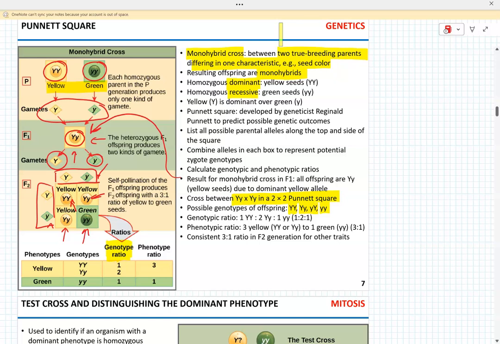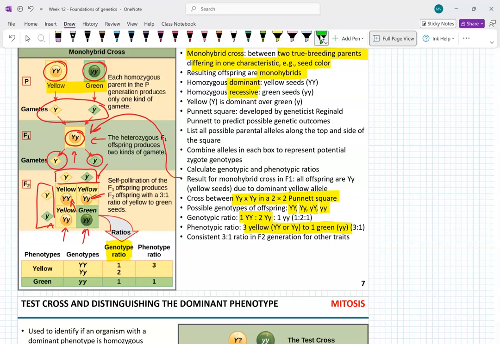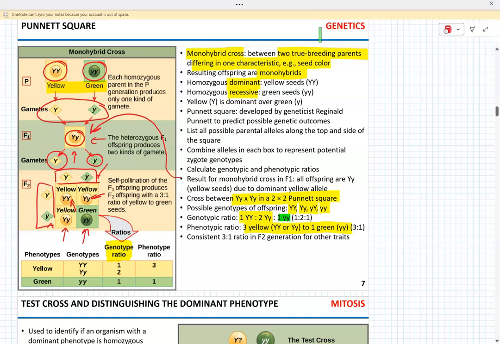The phenotypic ratio, on the other hand, will be 3 to 1, because both homozygous dominant and heterozygous will produce yellow seeds, while homozygous recessive will produce green seeds. This explains, from the standpoint of theoretical probability, the empirical results that Mendel obtained for the 7 plant traits that he was observing.